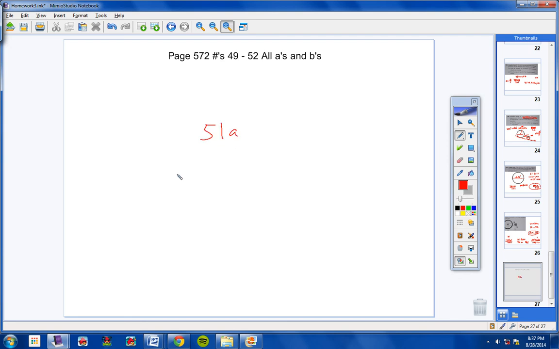51A, tangent of theta equals 0.0125. I'm already in degrees, so we're going to hit second tangent and then 0.0125, and you will get 0.7162 degrees if you round correctly.